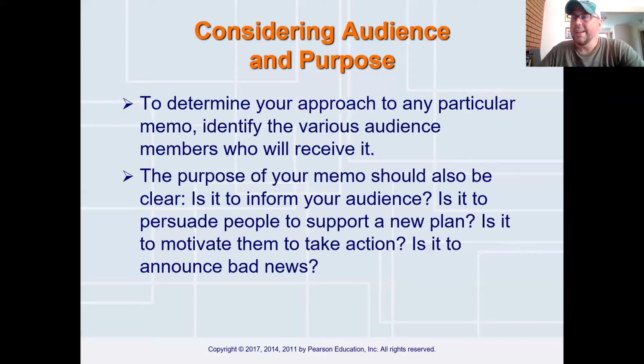The way you design, the way you say things, the way you come off, your tone, the words that you use, any of that can be used to persuade an audience. It's also certainly going to be used to motivate anyone to plan, to take action or whatever. And you are certainly going to be persuasive in announcing bad news.